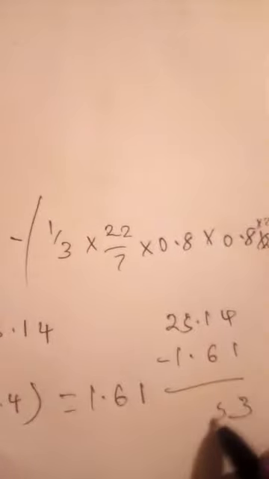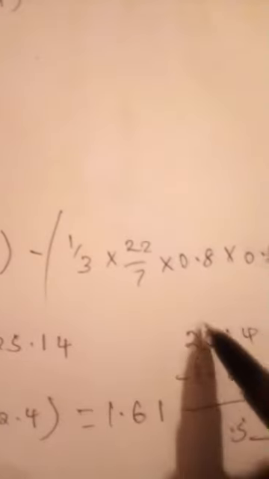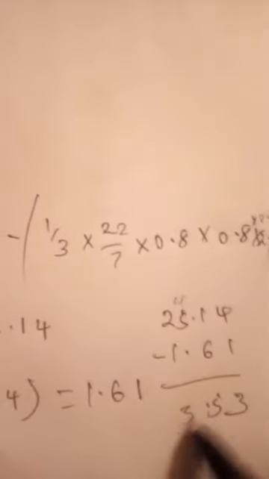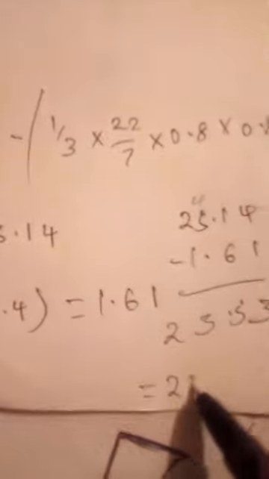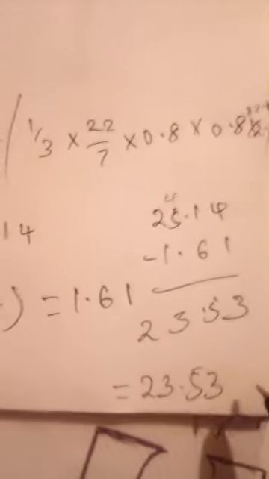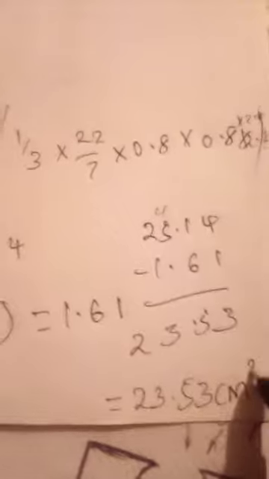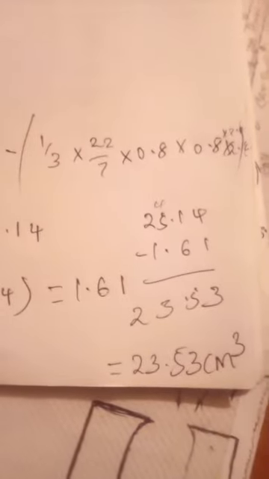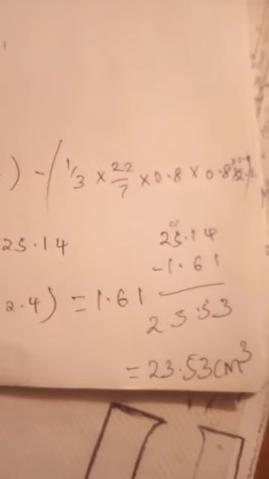We just get 23.53 centimeter cube. Our volume becomes 23.53 centimeter cube. So that is the volume of a frustum.